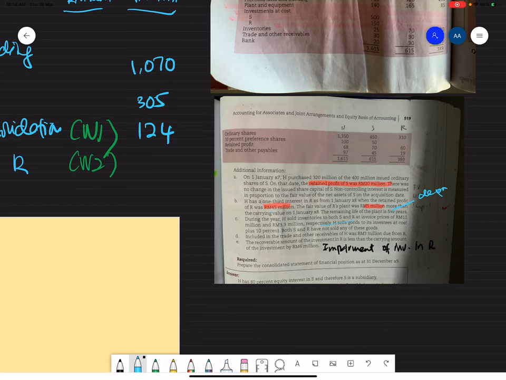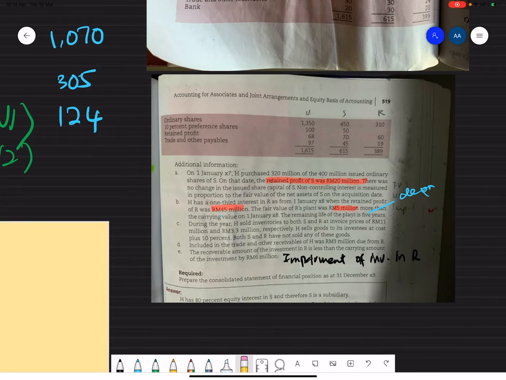And then there will also be intercompany transaction. During the year, H sold inventories to both S and R at invoice prices of 1 million and 3.3 million. It sells goods to its investee at cost plus 10%. Both S and R have not sold any of these goods.